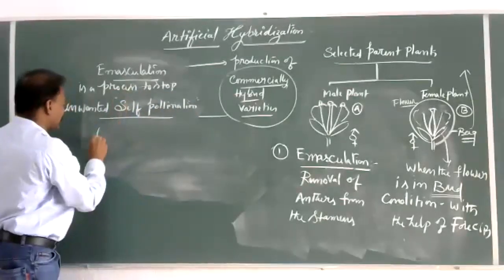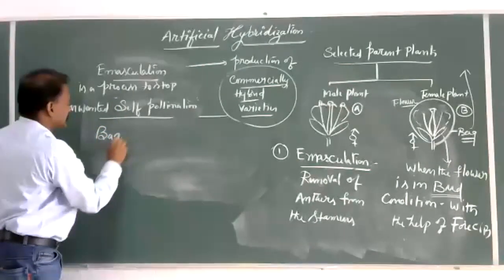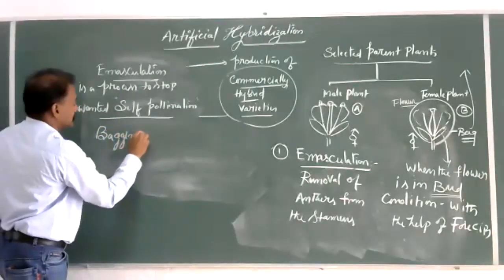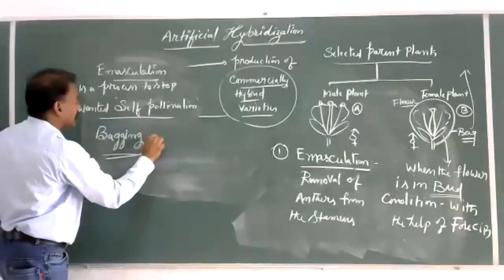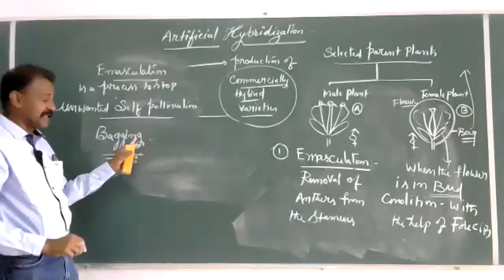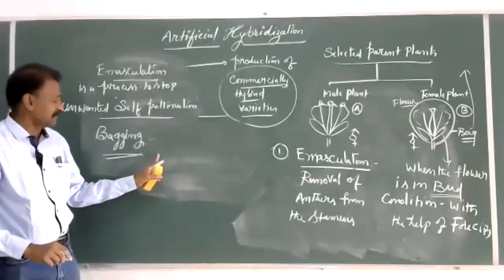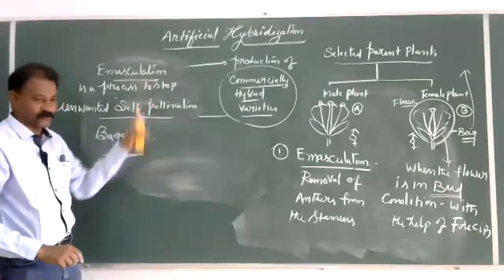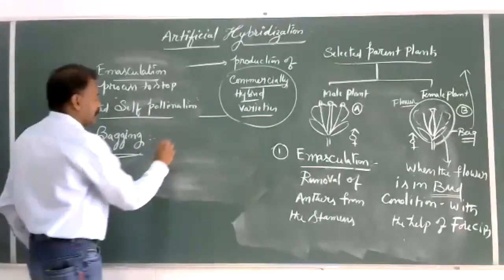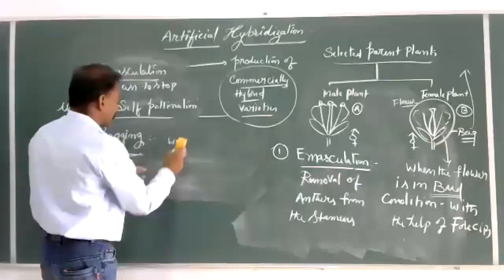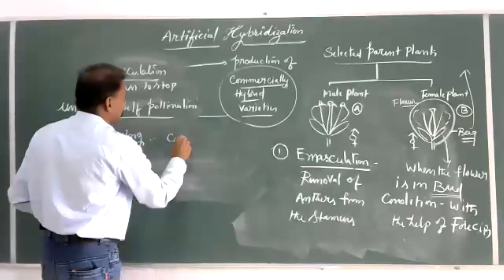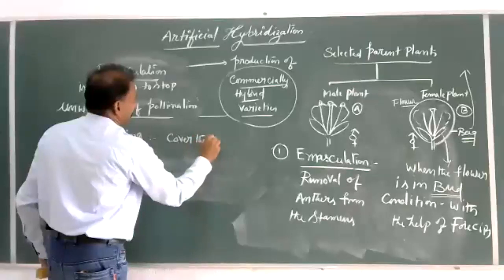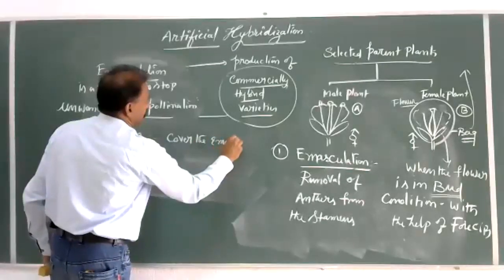After emasculation, there is another process, bagging. B-A-G-G-I-N-G. Bagging is a process after emasculation. With the help of a cover, cover the emasculated flower.